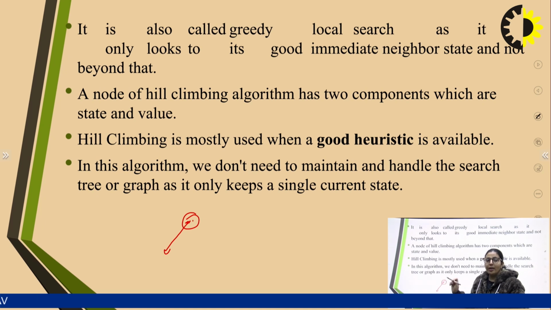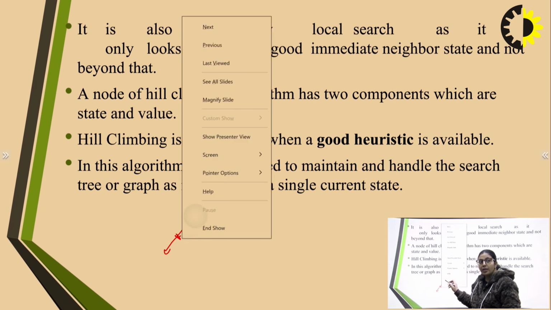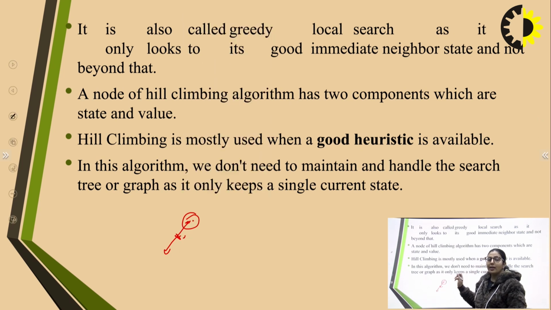So it only considers a good immediate neighbor state. If we are here, then the better solution is the greater value, which is the good solution. The immediate neighbor that has the better value is the solution for that particular problem. That's why this algorithm is also known as the greedy local search algorithm.